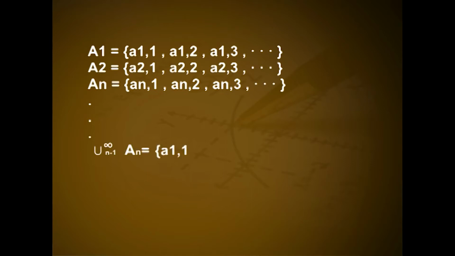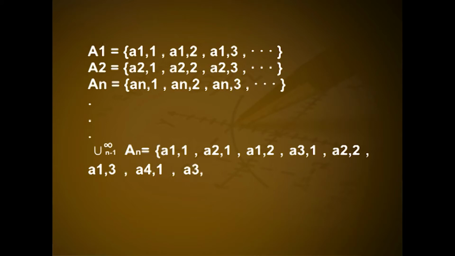Now, union n ranging from 1 to infinity An equals set A11, A21, A12, A31, A22, etc. defines the order of elements and thus proves the countability of the union. It can be noted that the sum of indices of terms gradually increases.